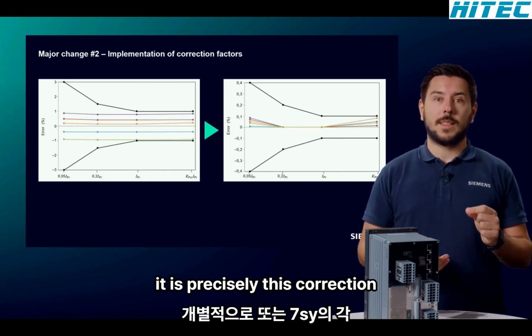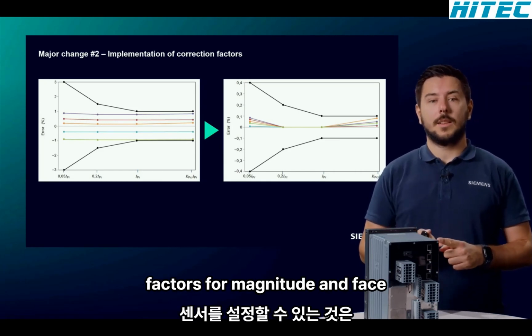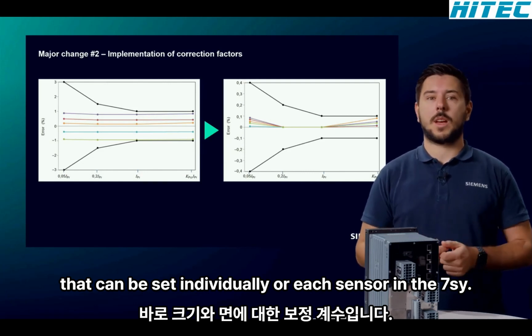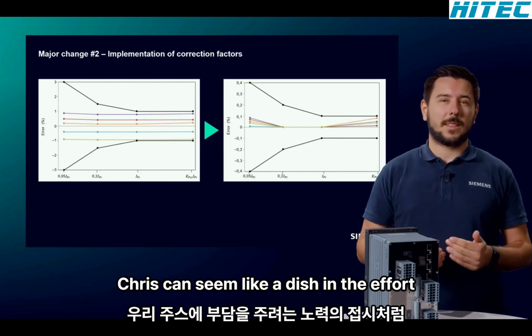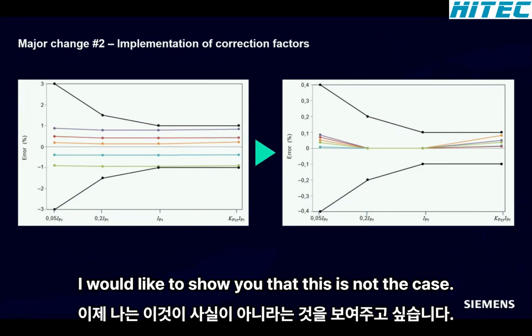It is precisely these correction factors for magnitude and phase that can be set individually for each sensor in the 7SY82. But now at first glance, this can seem like additional effort that we impose on our users. Now following, I would like to show you that this is not the case.